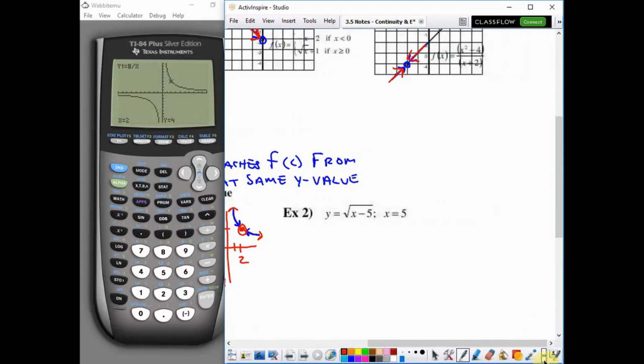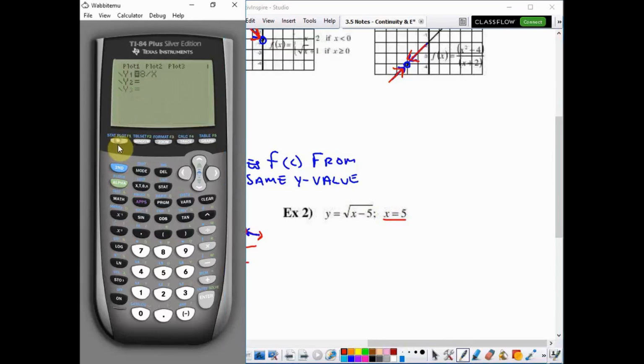The next example, we need to graph y equals the square root of x minus 5 and check for continuity at the x value x equals 5. So y equals, and we'll clear out what's there. We want the square root of x minus 5.